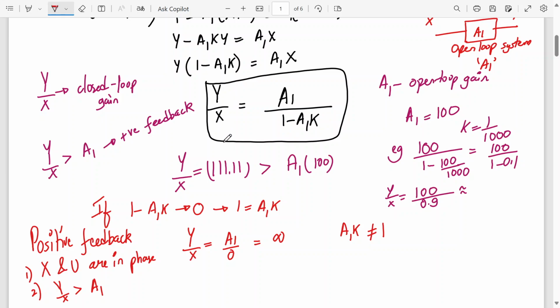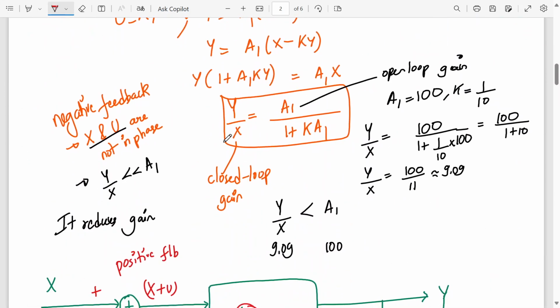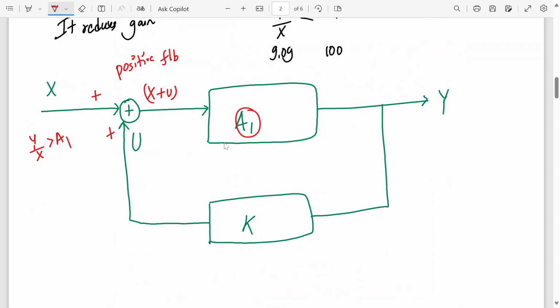So that time y by x will become infinity. So this means that even without the input signal, the amplifier will keep producing the output signal with the help of feedback signal. समझ में आया ये क्या बोल रहा हूँ?